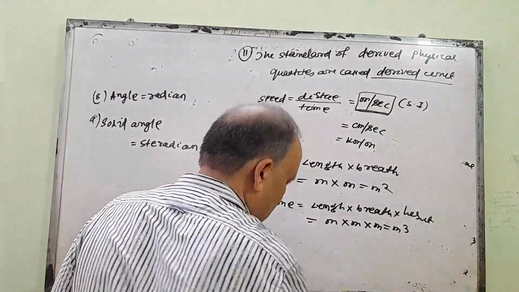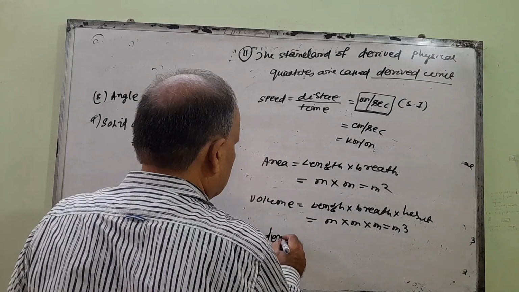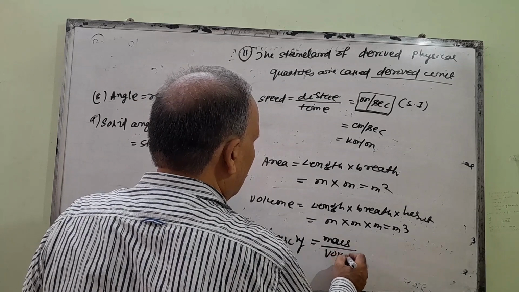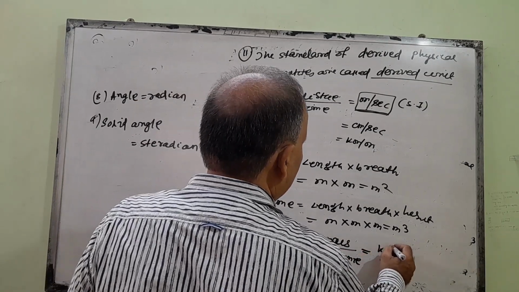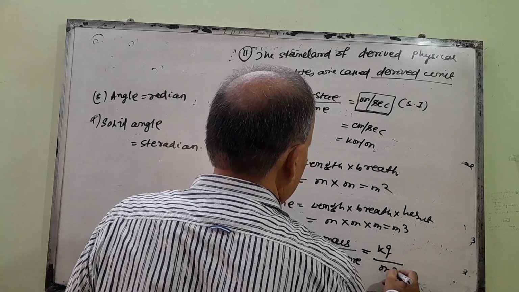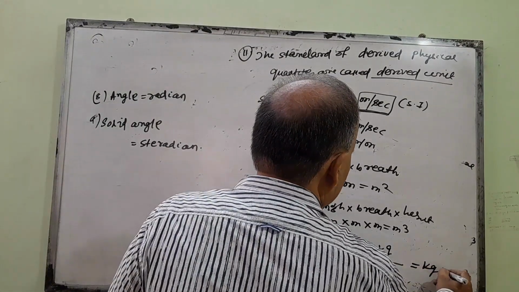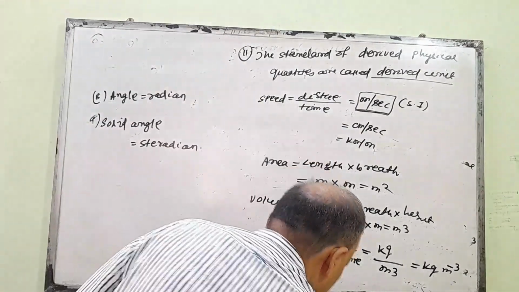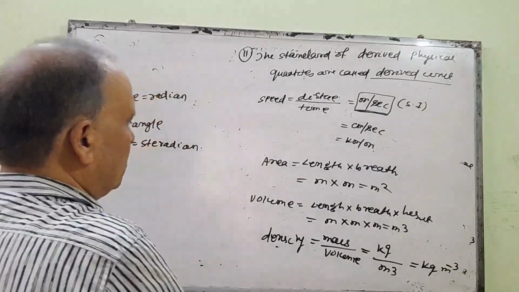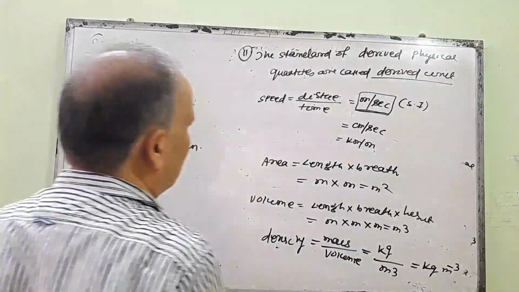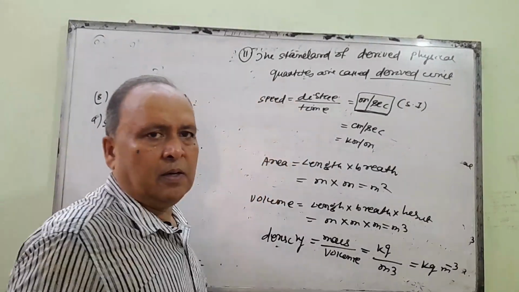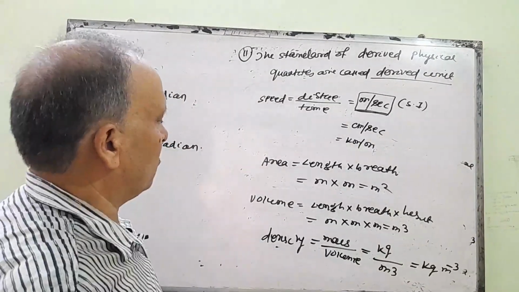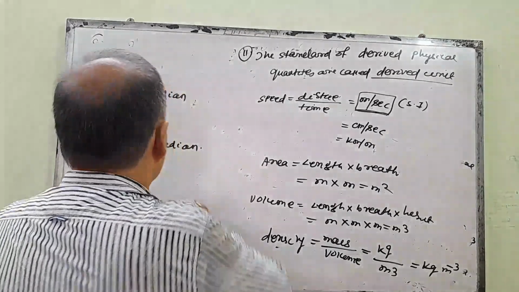Similarly, density is mass by volume. Its SI unit is kg by meter cube, or you can write kg meter to the power minus 3. All these are derived physical quantities. The standard of fundamental physical quantities are called fundamental units, and the standard of derived physical quantities are called derived units.